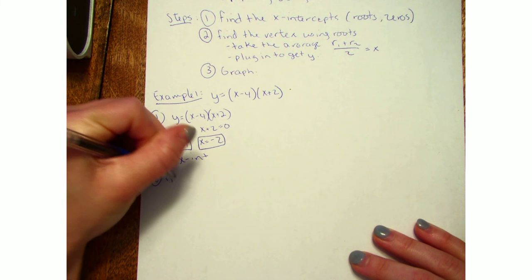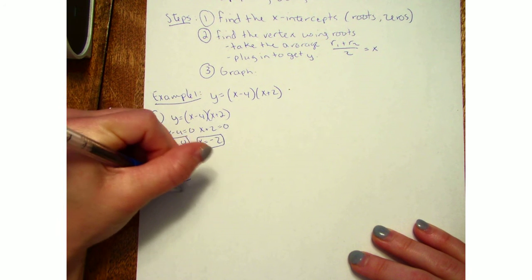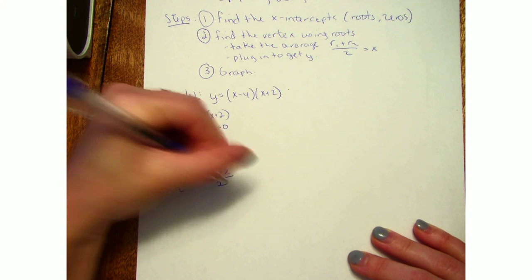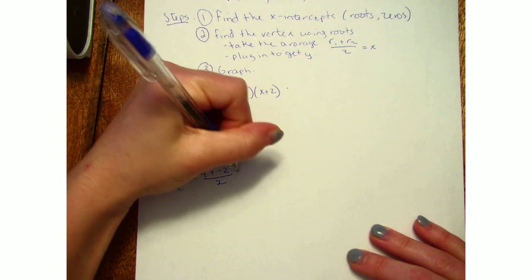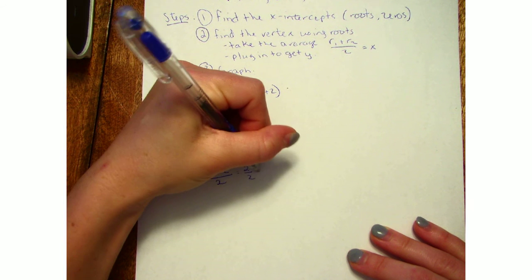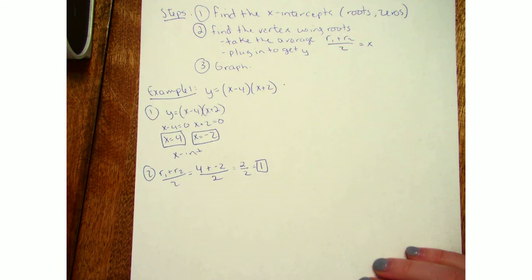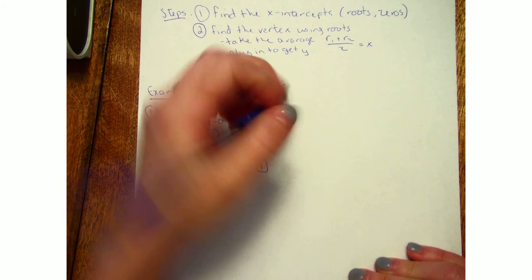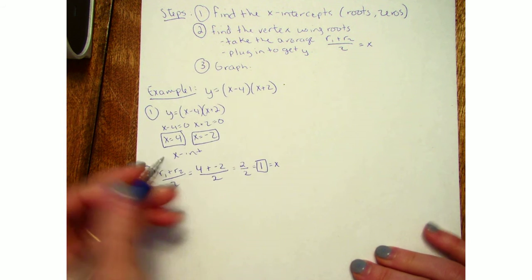So R1 plus R2 over 2 would be 4 plus negative 2 over 2, which is 2 over 2, which is 1. Now remember, that's just my x, so I still need to plug in to find my y.